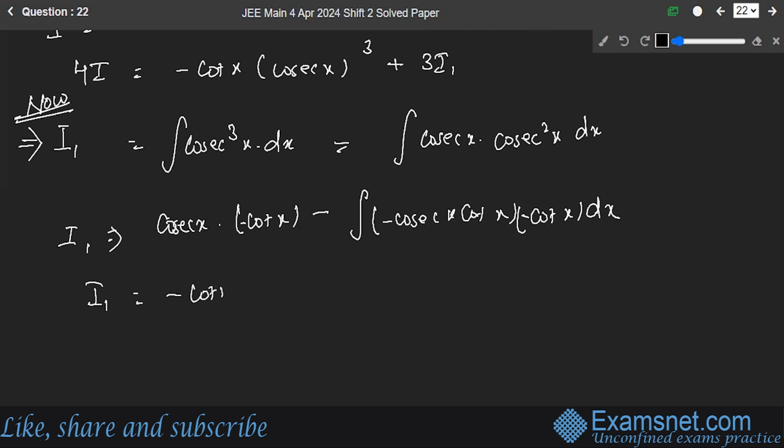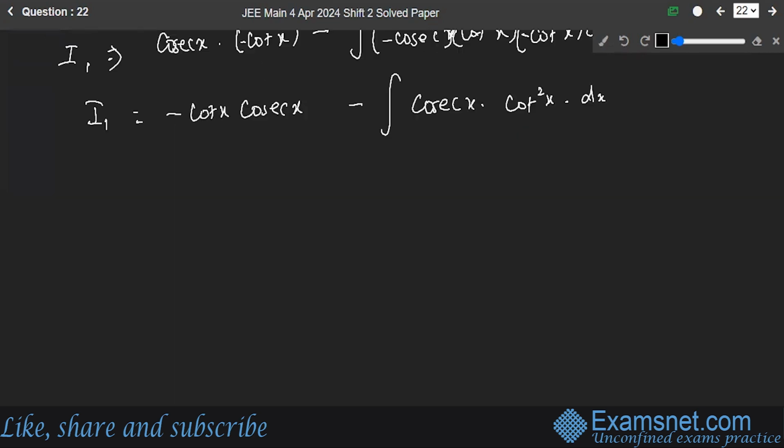So this is your I1. This is minus cot into cosecant, minus, wait, it is a bit messed up, no? Cosecant x into cot x into this. So this becomes a minus again, because minus minus plus, this is minus again. Here will be cosecant x into cotangent square x dx.